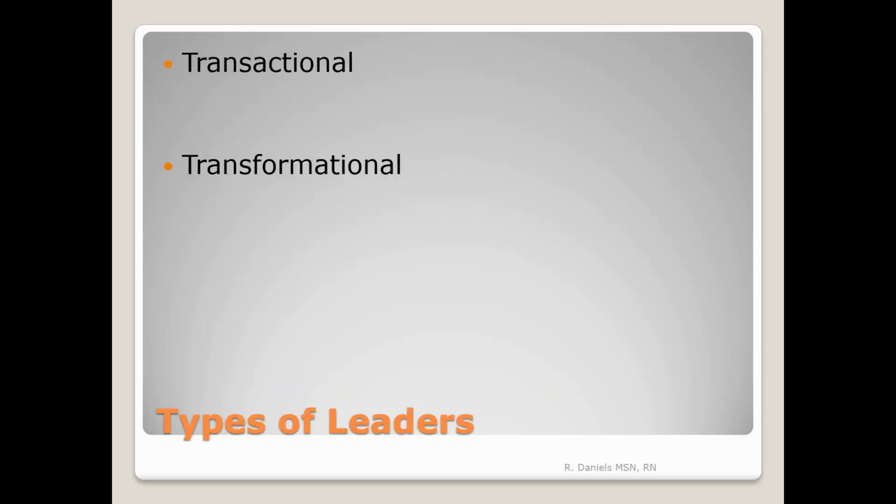Now, when I talk about leadership, there are two different types of leaders, and one's not necessarily better than the other, they're just different. In your book on page 298, there's box 17-1, and it compares the two. You have a transactional leader, and what a transactional leader does is focus on the immediate problems or issues, and use more of a reward system to motivate.